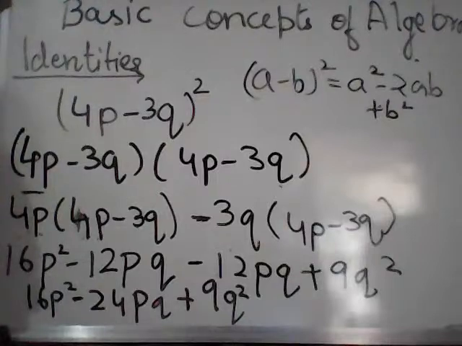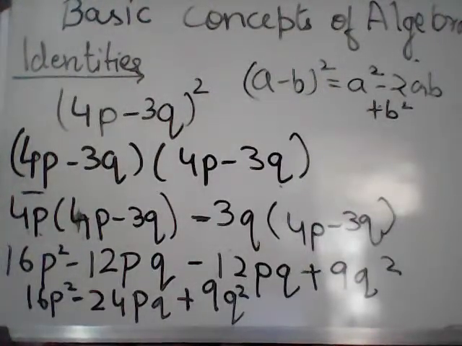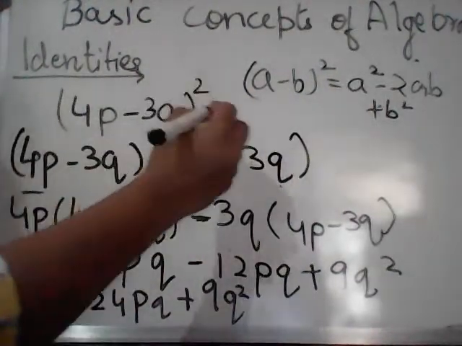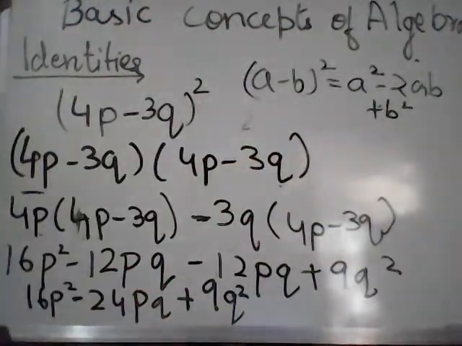We'll take a 5 minute break. Meanwhile, you can have a look at this question and try to do it. I'll give you one question and try to do that question yourself: (2x plus 3y) whole square.